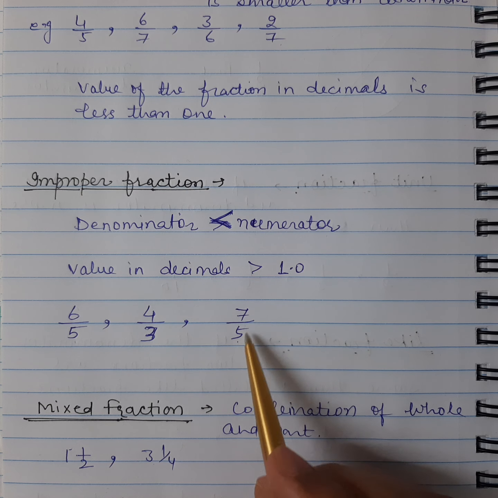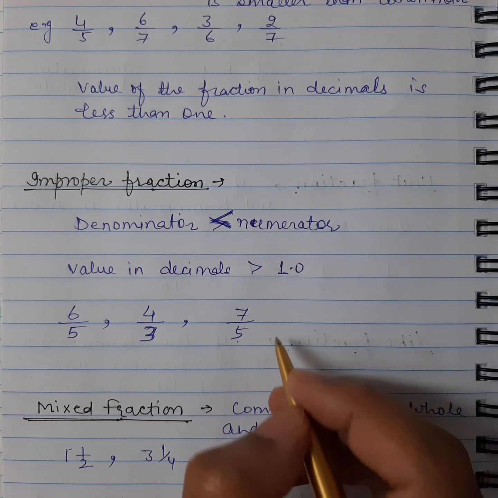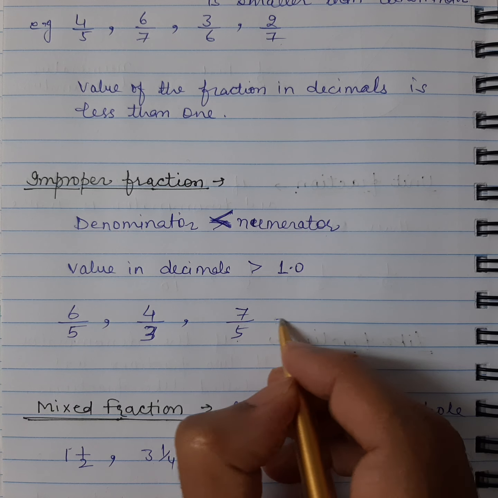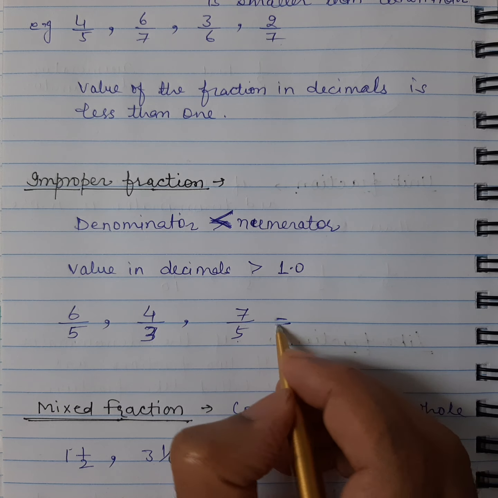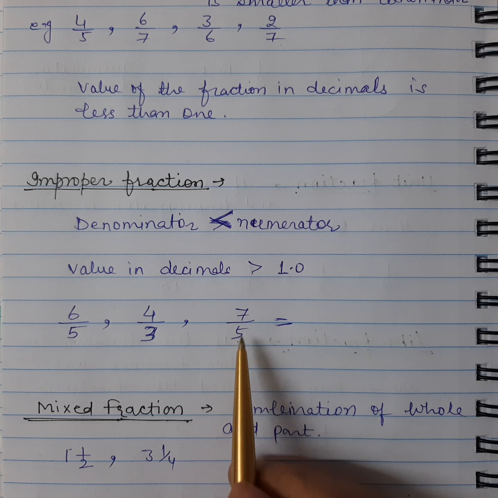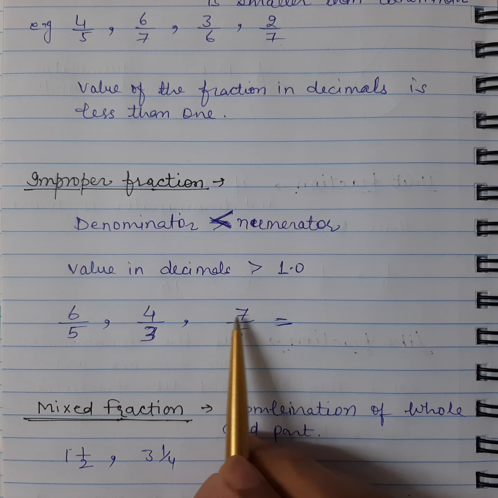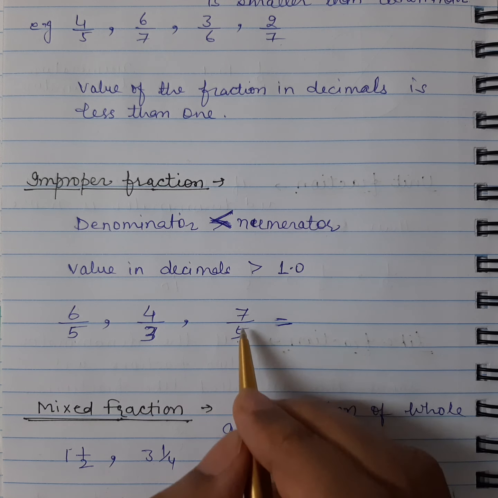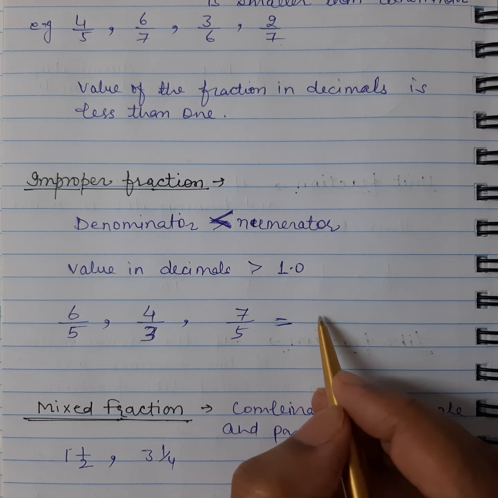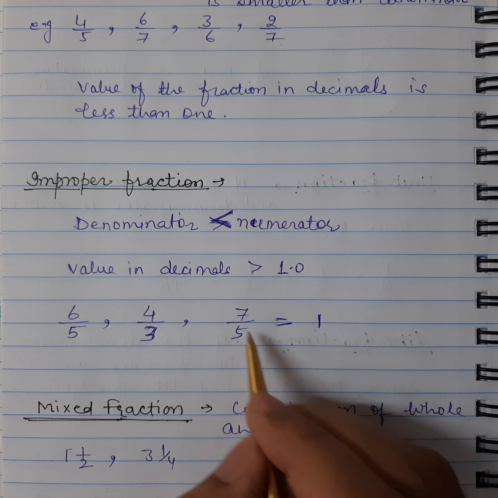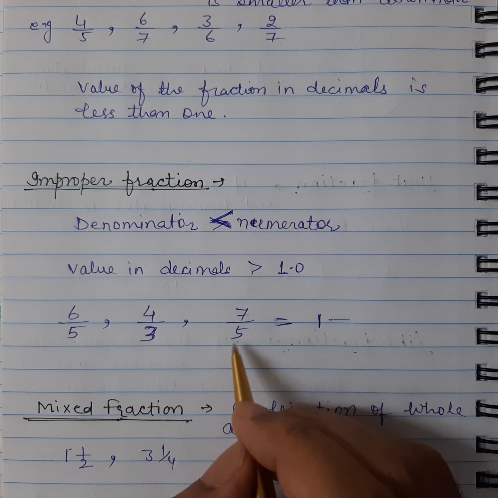For example, this 7 by 5 can be converted into a mixed fraction. 5 goes into 7 once, and 2 will be the remainder. So we can write 7 by 5 as 1 whole and 2 by 5.